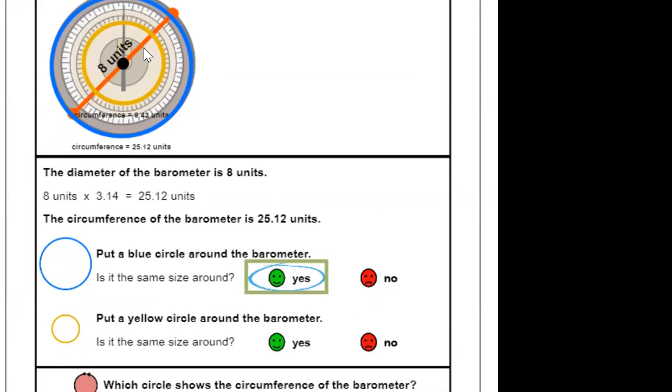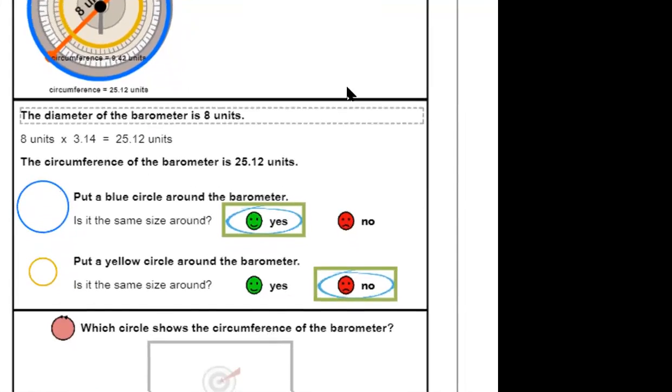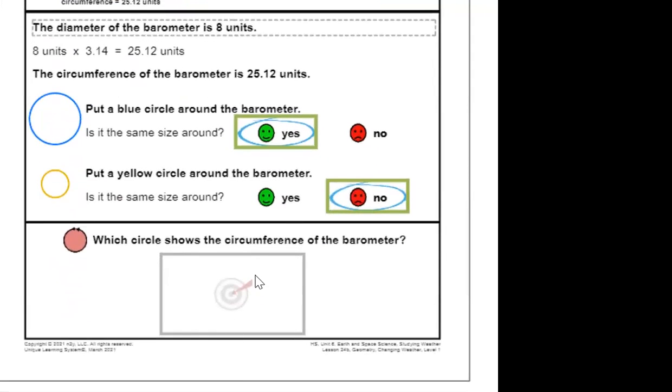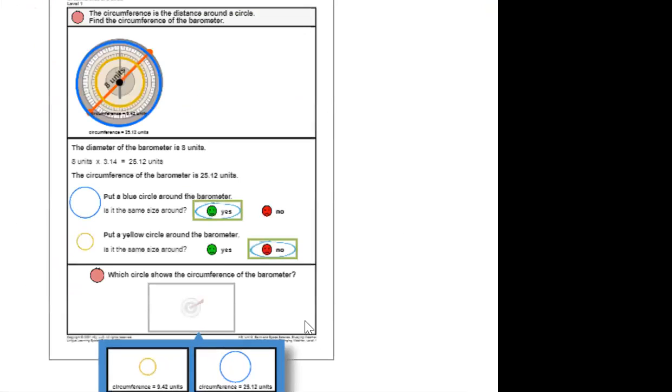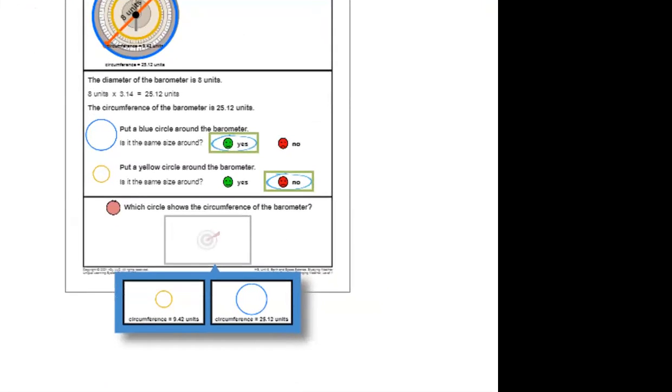No, it's not. So which circle shows the circumference of the barometer, the yellow one or the blue one? The blue one. Very good. I got lots of answers on that.